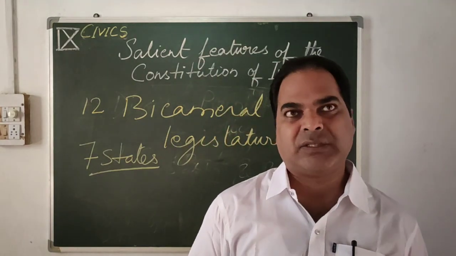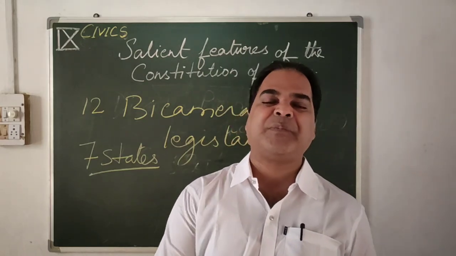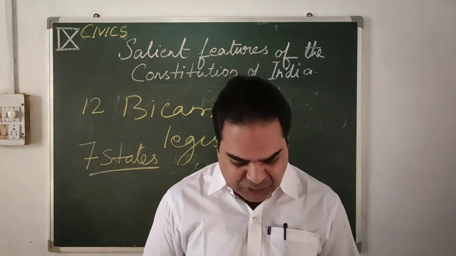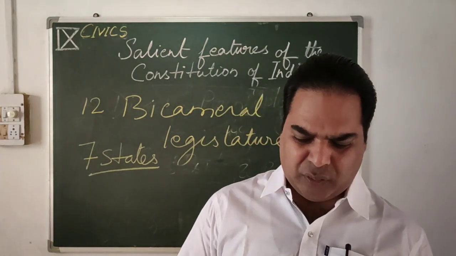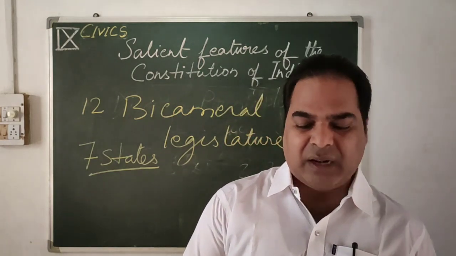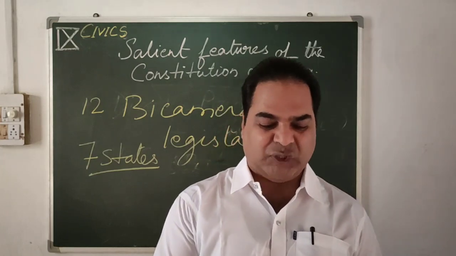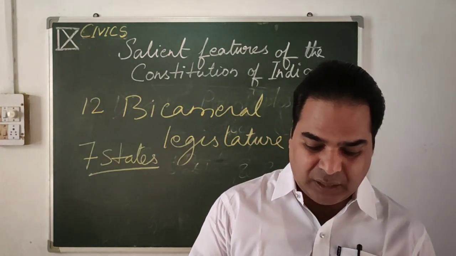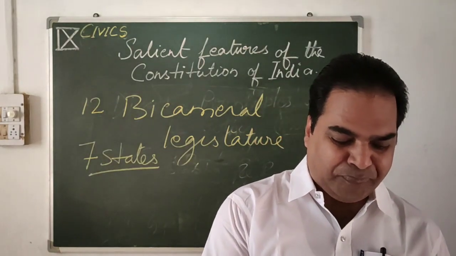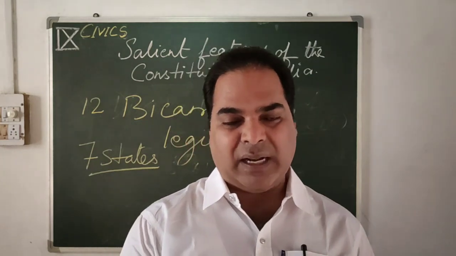So which are the states? Number 1 Andhra Pradesh, number 2 Bihar, number 3 Uttar Pradesh, number 4 Jammu and Kashmir. Then we have Karnataka, Telangana and Maharashtra. Once again: Andhra Pradesh, Bihar, Jammu and Kashmir, Karnataka, Telangana, Uttar Pradesh and Maharashtra.